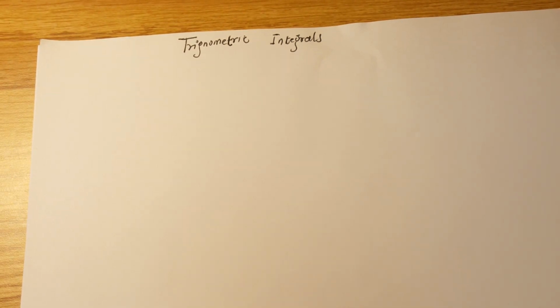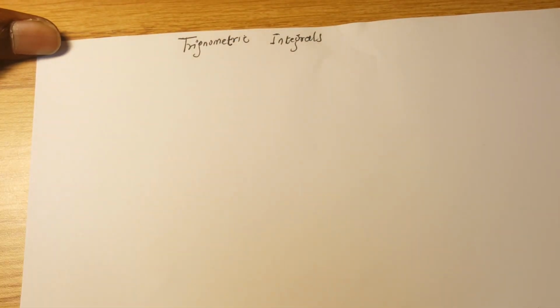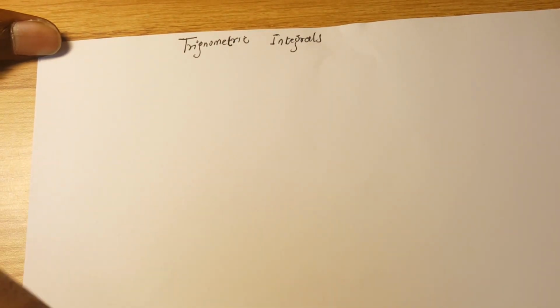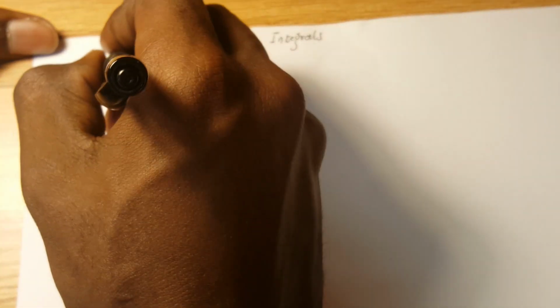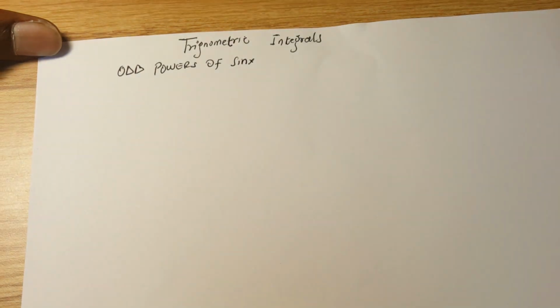So what we're going to do is start talking about odd powers of sine. In trigonometric integrals, you find sine to a certain power, but in this case, let's say odd powers of sine x.